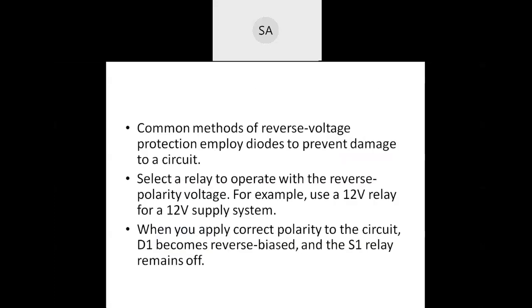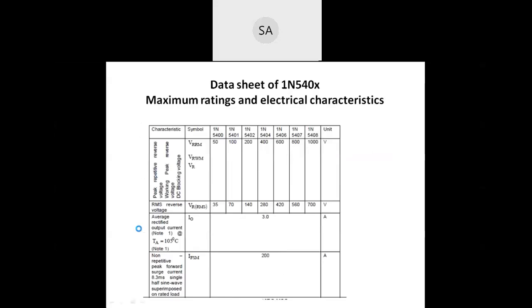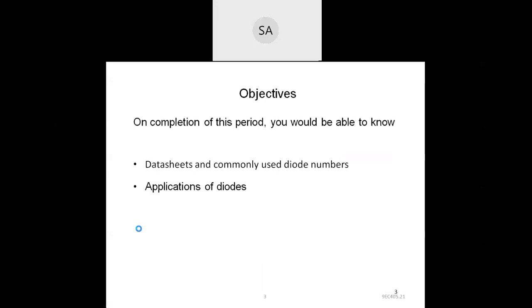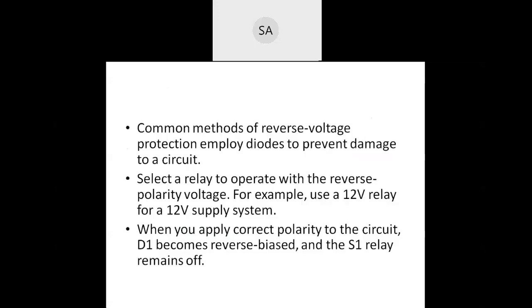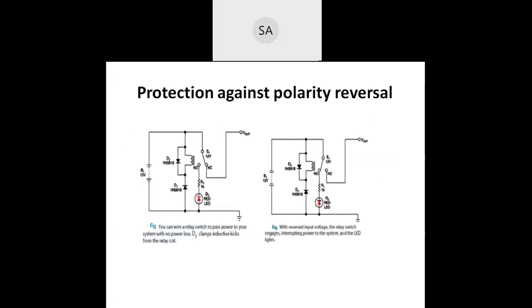For protection against polarity reversal, we can connect a diode in between the battery and the load.